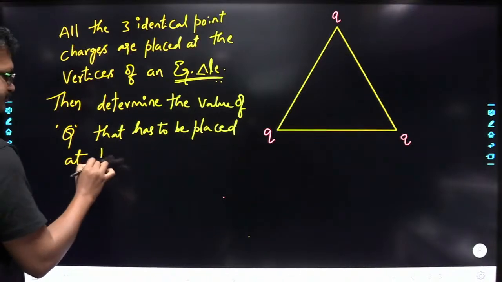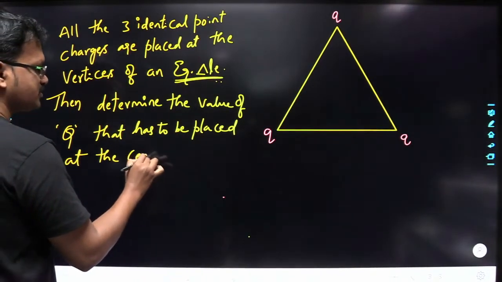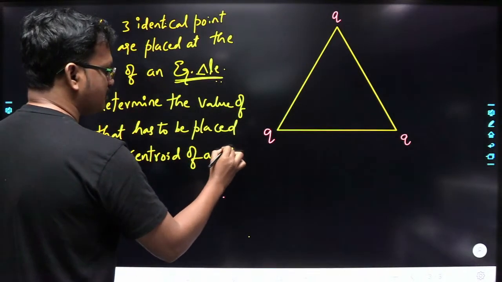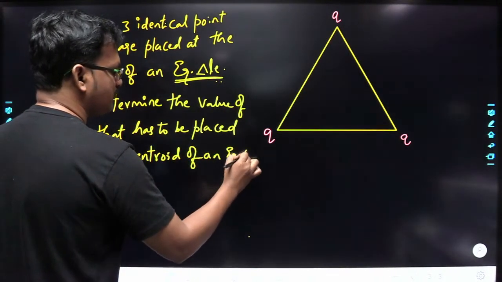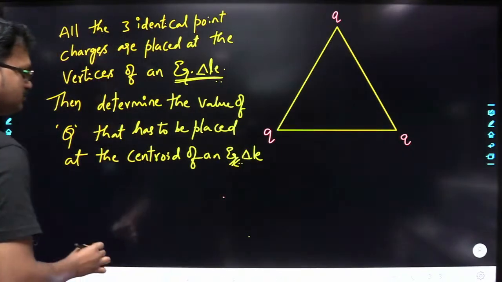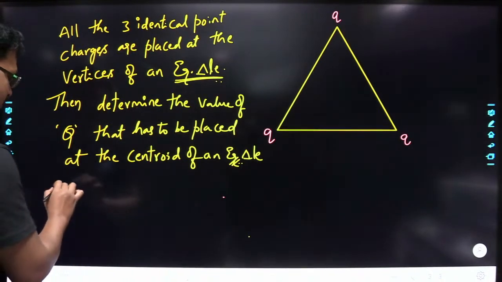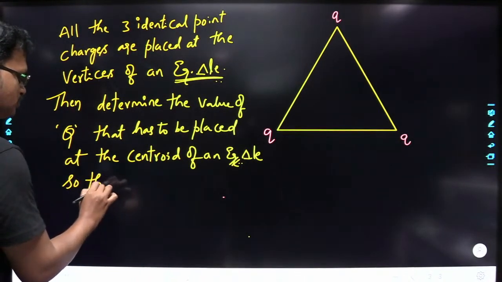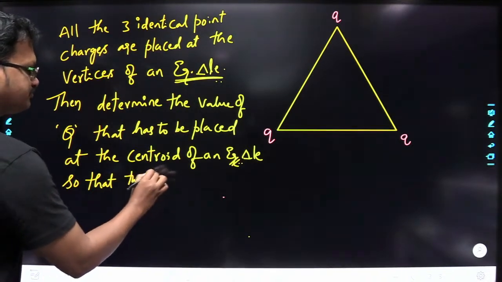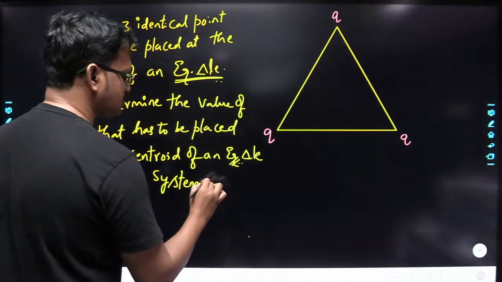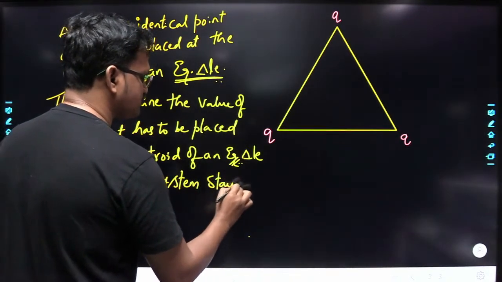Then determine the value of capital Q that has to be placed at the centroid of an equilateral triangle, so that the system stays in equilibrium.